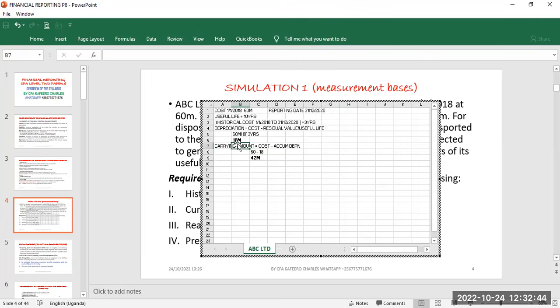Of course, the carrying amount is the net book value. I know you guys are used to the net book value, but here we are talking about the carrying amount. But carrying amount in this sense is the same as the net book value, which is what will be there when we are using the historical cost.